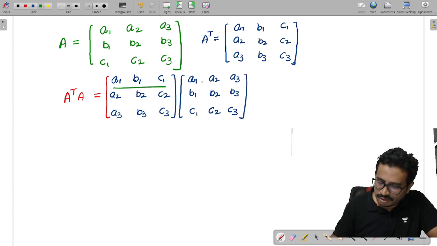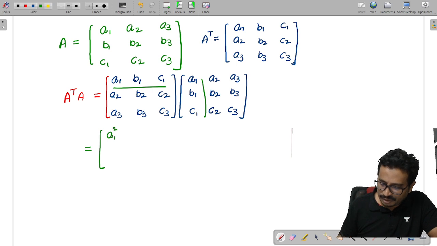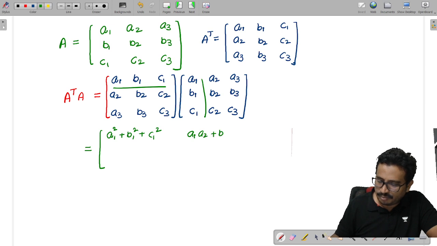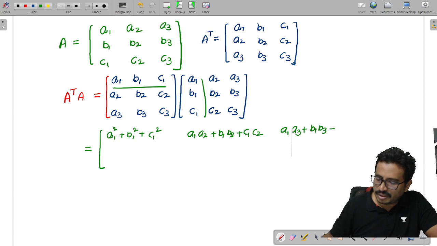Next, if we multiply these two, rows with columns, we get the first element as a1 square plus b1 square plus c1 square. The second element is a1 a2 plus b1 b2 plus c1 c2. The third element is a1 a3 plus b1 b3 plus c1 c3.